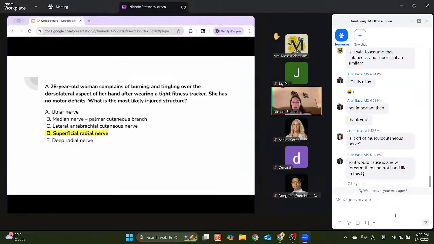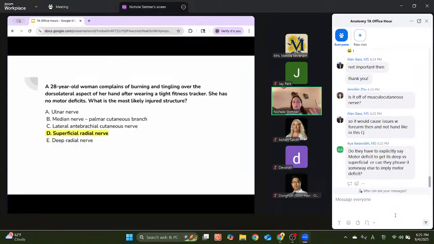Cutaneous means that it innervates the skin. So they're not really interchangeable because you can say something else is superficial to something else. It just means it's higher in elevation, I guess, from the inside to out.